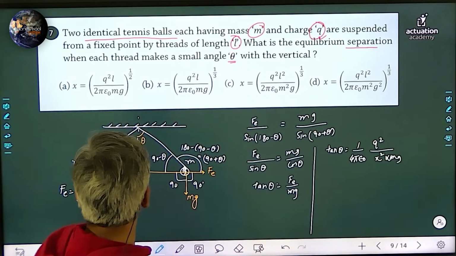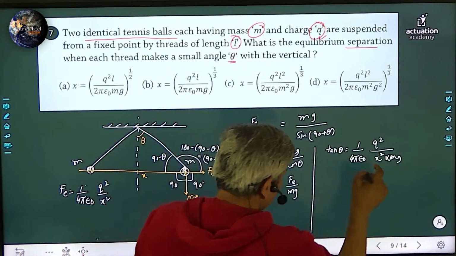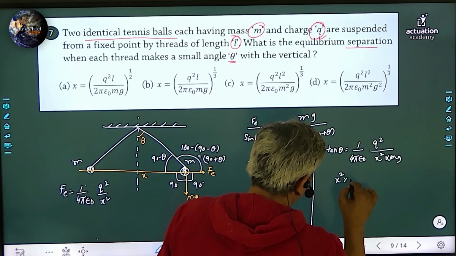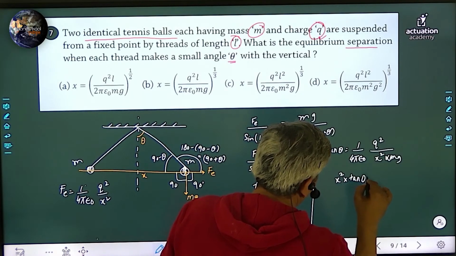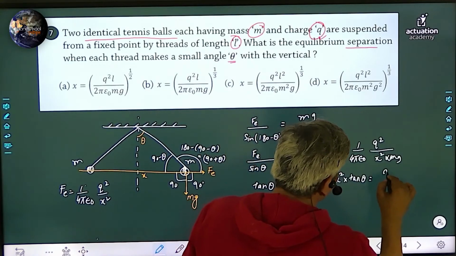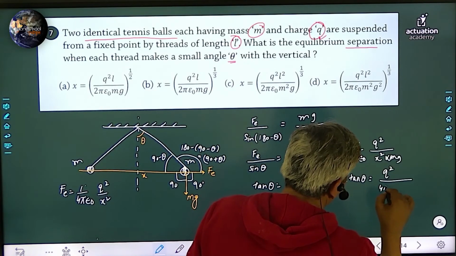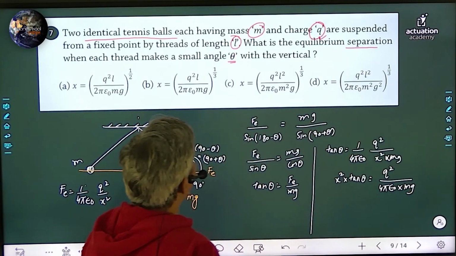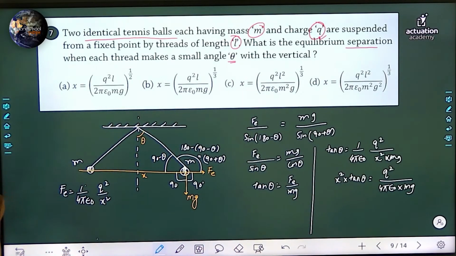We need to find out the value of x here. So let me take x on the other side: x square into tan theta becomes q square over 4 pi epsilon naught into mg. Now somehow we need to eliminate theta from this.